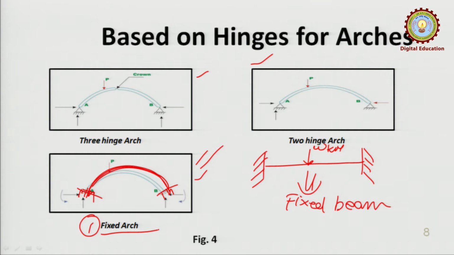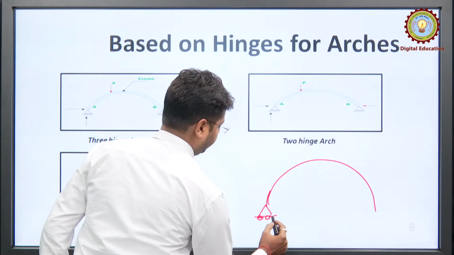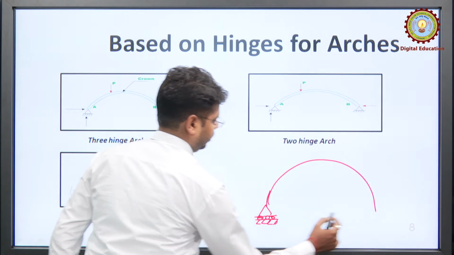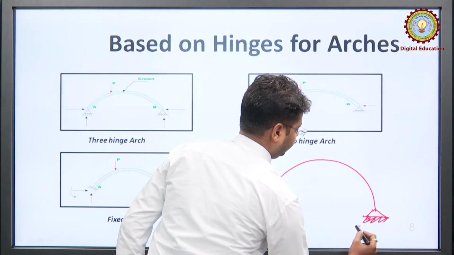After that, we have to decide what is the three hinge arch. In a three hinge arch, the arch has a crown. For example, we have an arch here, one curved beam, and we have provided one roller and one hinge.